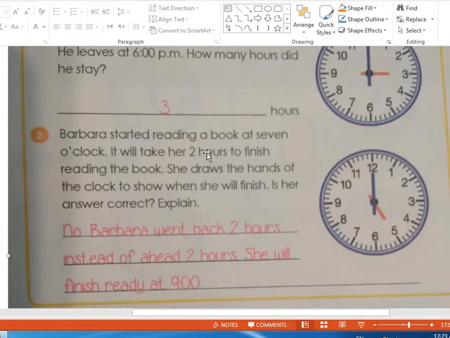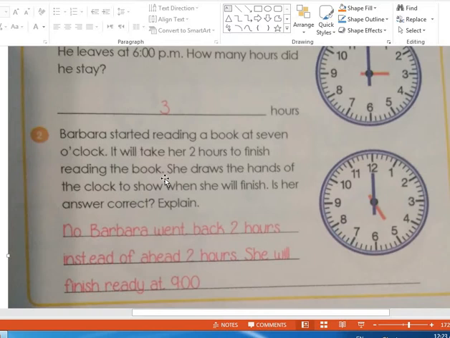Barbara started reading a book at 7 o'clock. It will take her 2 hours to finish reading the book. She draws the hands of the clock to show when she will finish. Is her answer correct or no?